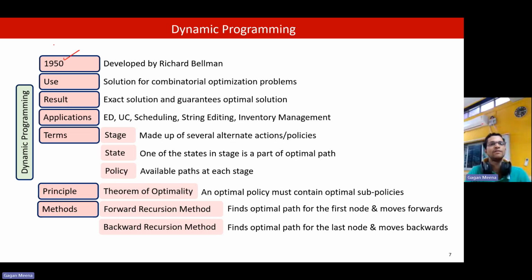It was developed around the 1950s by Richard Bellman. The use of dynamic programming is to solve combinatorial optimization problems. Here, unit commitment in power system is one of the combinatorial optimization problems because it involves binary decision variables regarding the on or off of a thermal generator.